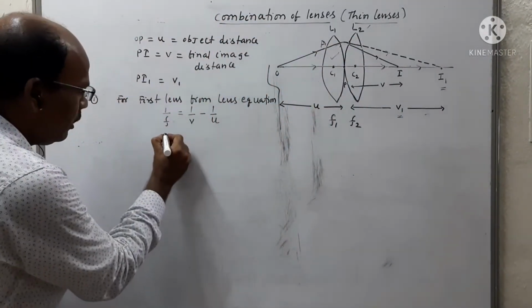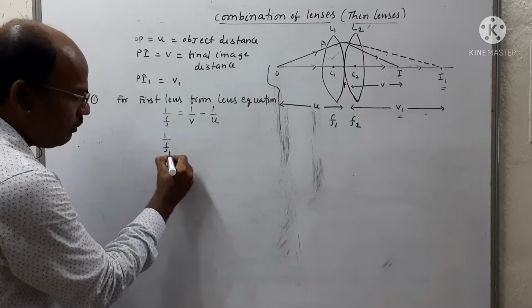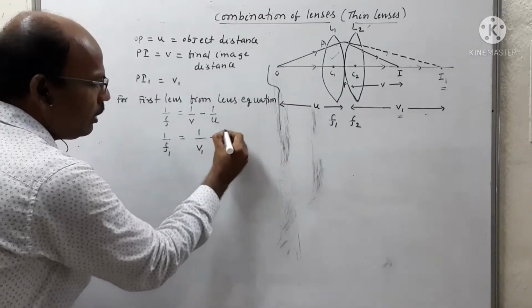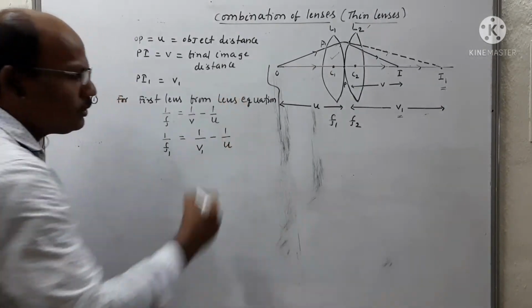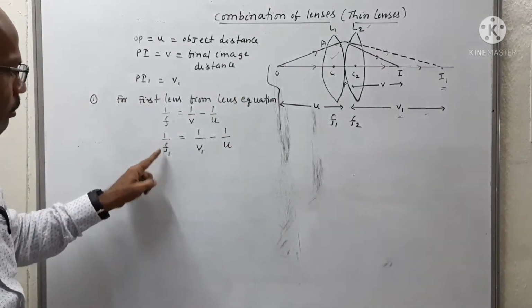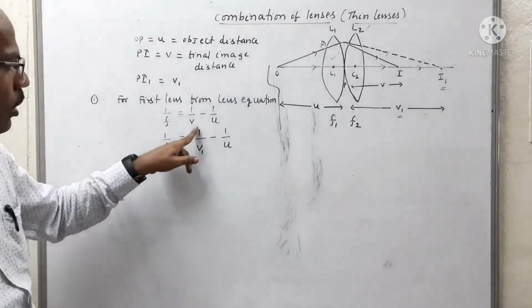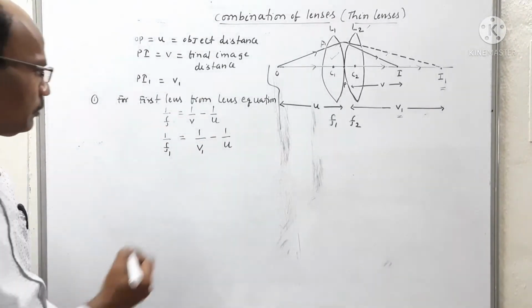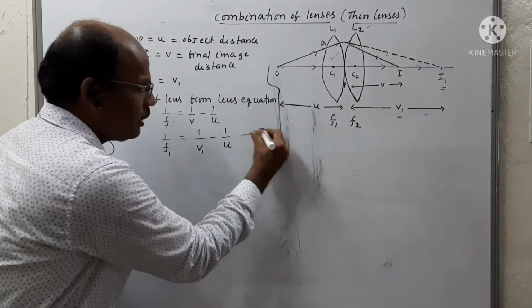So we can write for the first lens: 1 by F1 is equal to 1 by V1 minus 1 by U. This is called equation 1.